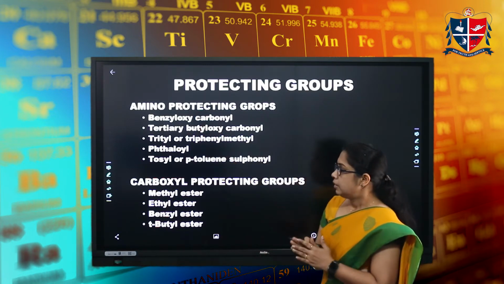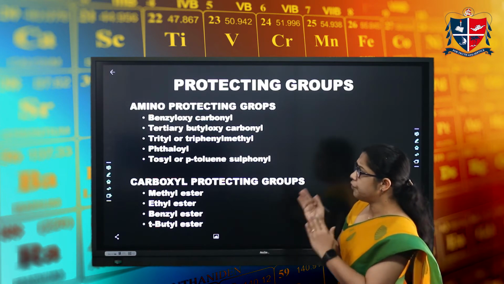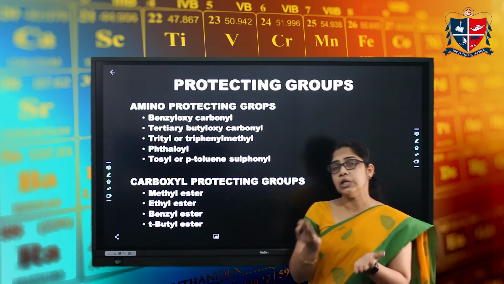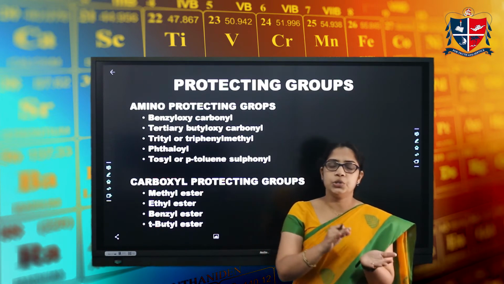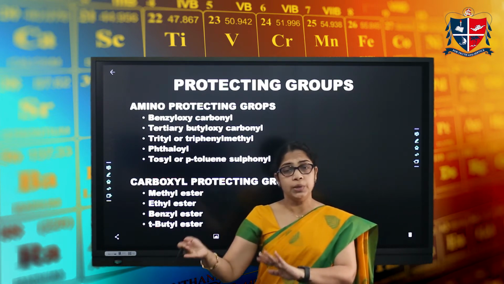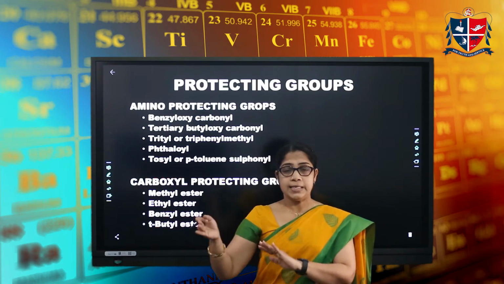And the carboxyl group is generally protected as its ester. The COOH group is generally converted into its ester.